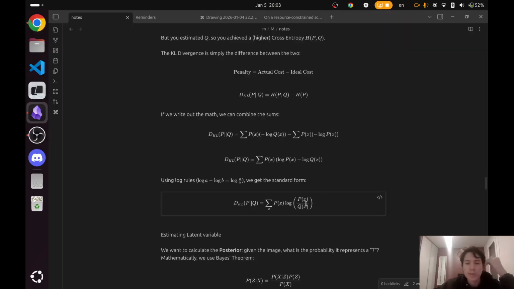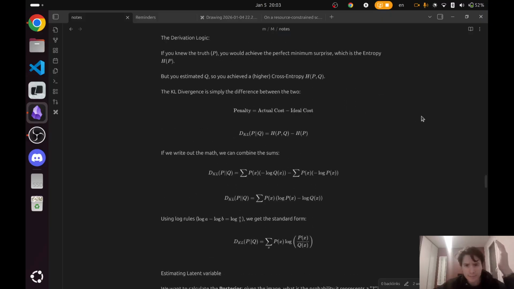You can try to directly understand this formula, like this interpretation, or you can build it backwards, saying I'm going to define some sort of penalty. The penalty is going to be 0 if it doesn't cost me anything to achieve the target distribution, right? And the more it costs, the more penalty I have. So it's going to be the difference between the actual cost minus the ideal cost.